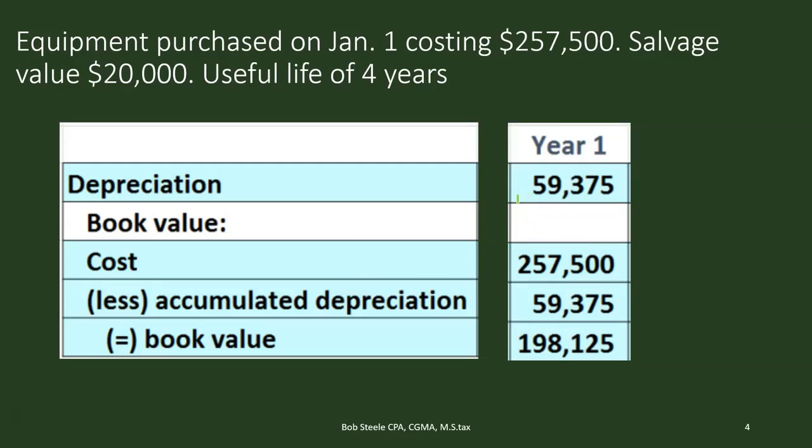If we calculate the book value, then we're going to say that will be the cost, 257.5, minus the accumulated depreciation, which represents the depreciation over the useful life of the asset up to this point, which, of course, at this point is just equal to year 1 being the only year that we have done so far. And that will give us the book value.